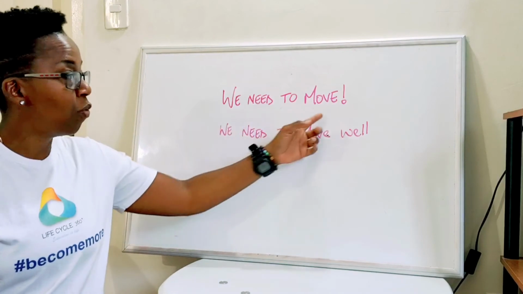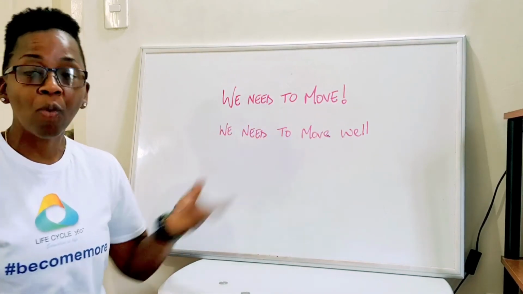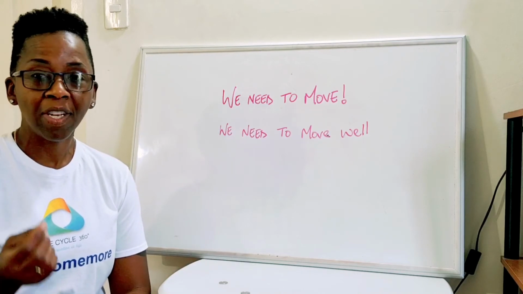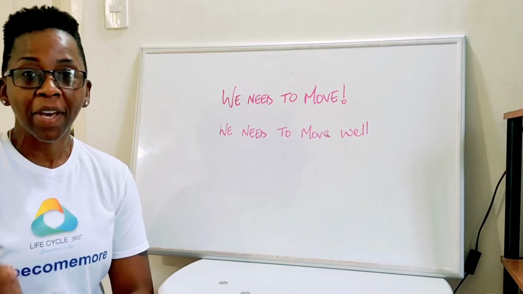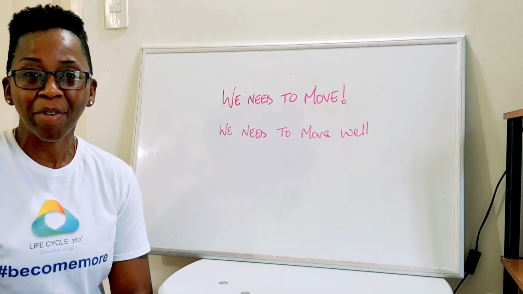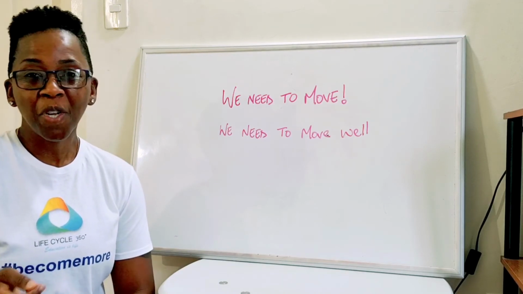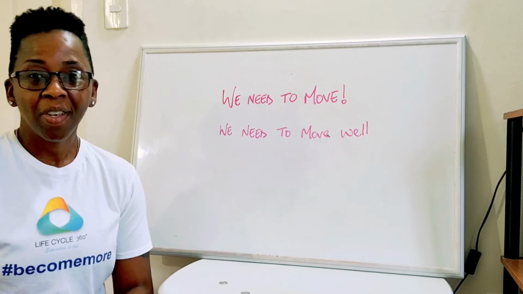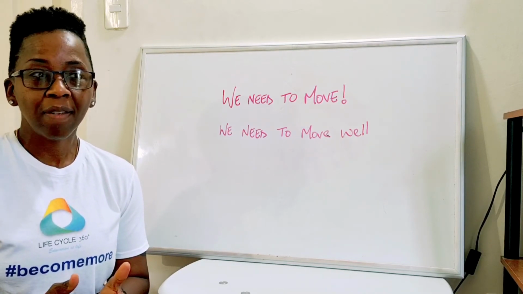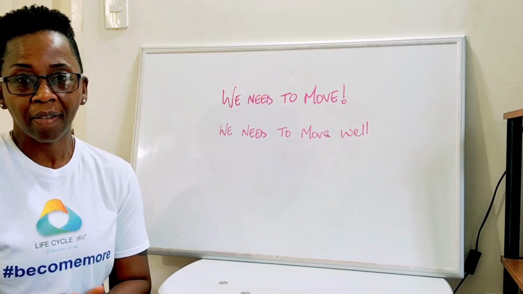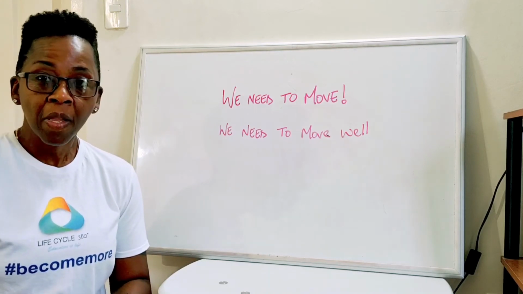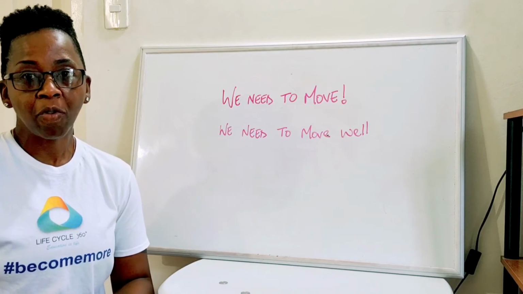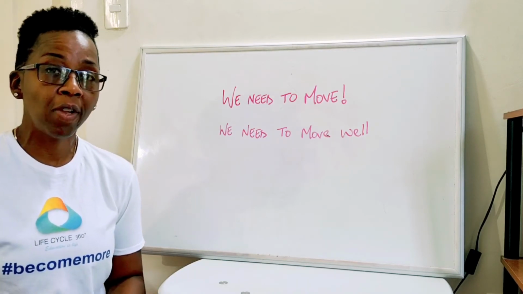We need to move, and we need to move well, and that comes with a plan of attack to disrupt that pattern or those habits of what we feel comfortable with, meaning in order to have a life that we can enjoy in our older years, have a life where we are strong, we can train for longevity, we can be able to do things that are functional to our lives.